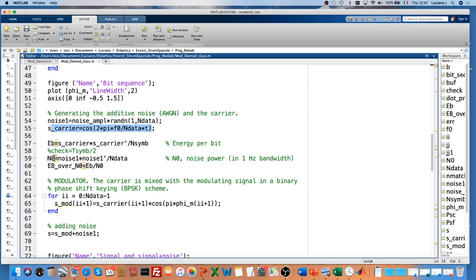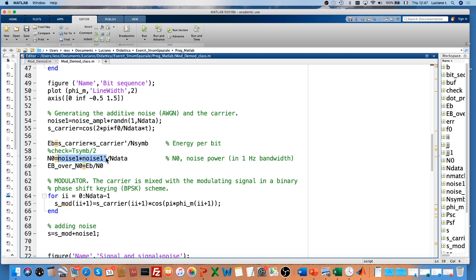Then I compute the quantity n0, and I do essentially the same thing. So I take the noise sequence scalar product with itself. The scalar product, remember, this is noise times noise transpose. This symbol prime means transpose.